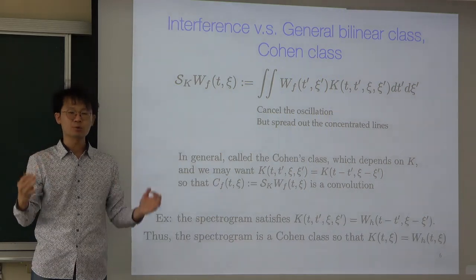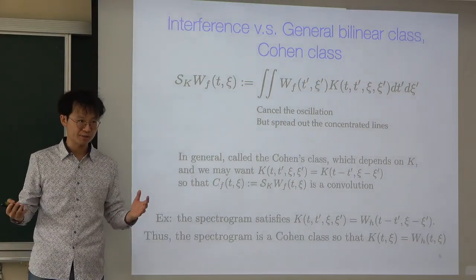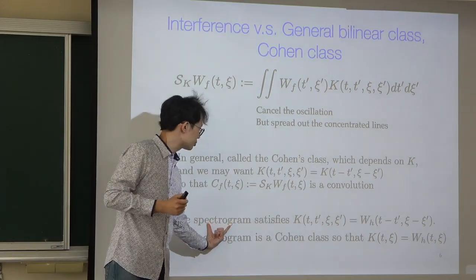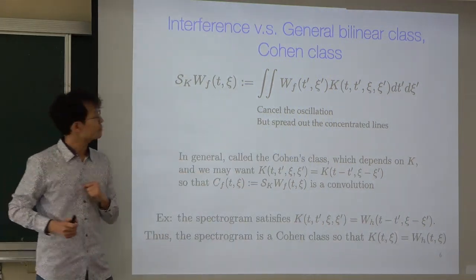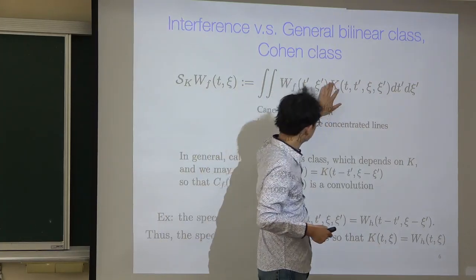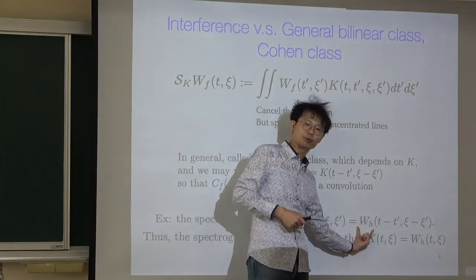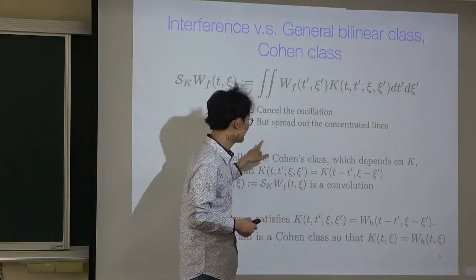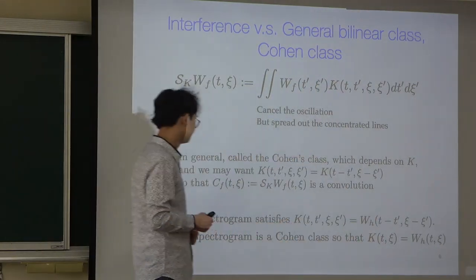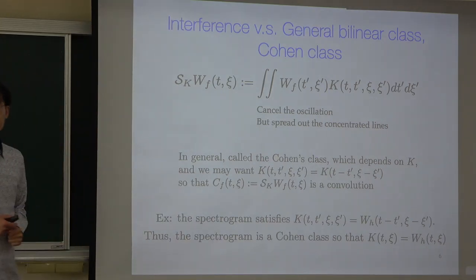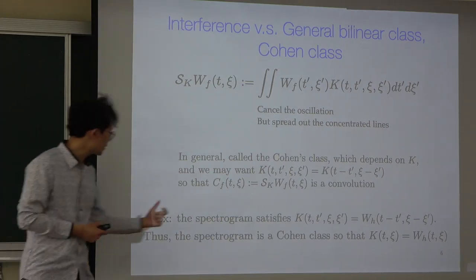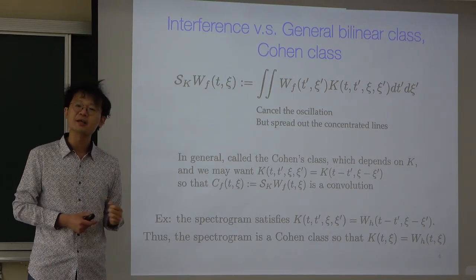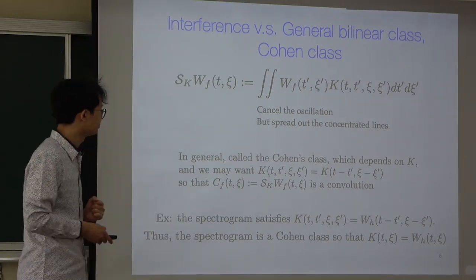So you can view it as a quadratic type time frequency analysis because you take the square. And this spectrogram comes from what? It comes from choosing the kernel as the Wigner-Ville distribution of the window, and when you run this integration, it is actually a convolution type. So you can say spectrogram is actually a Cohen class, and it has some nice properties.